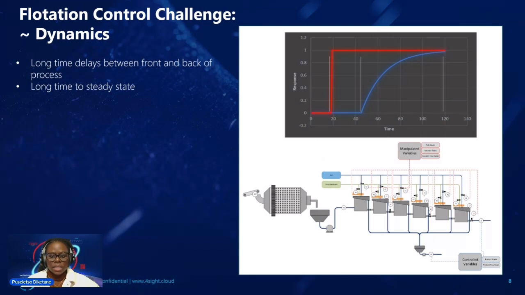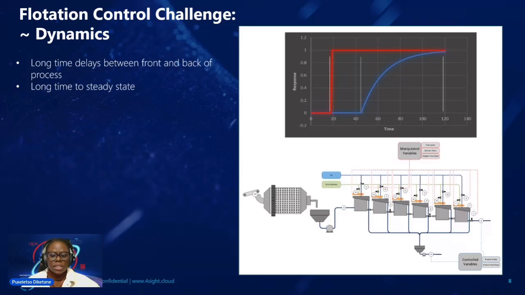So the first challenge that we will discuss is that of process dynamics within your flotation circuit. Since flotation cells contain many individual cells, the interaction between these cells can be quite complex. Because of that, there are very long delays between a process change being made at the front end of your process and the effect of it actually being seen at the back end of your process.